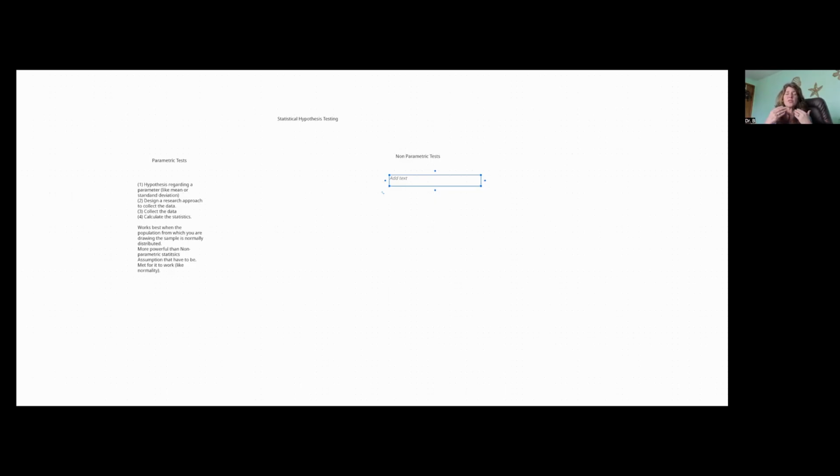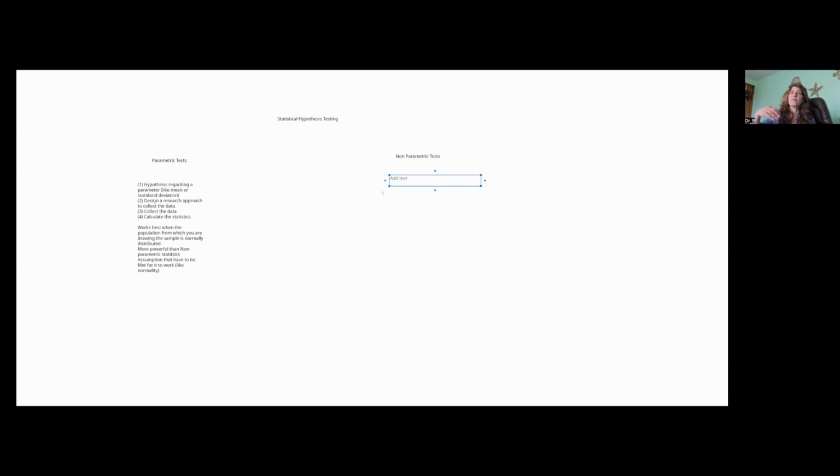So doing a test to see, is there a differentiation between males and females? We're not talking about means here, right? We're talking about more of a differentiation. This would be an example of a place where you would use a non-parametric statistic, specifically a chi-square.